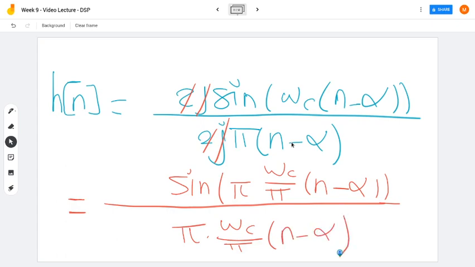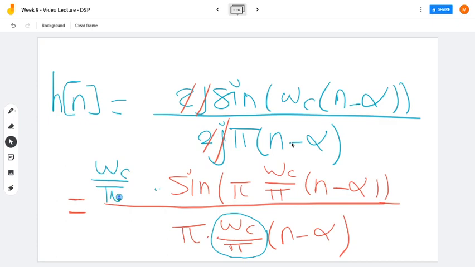In order for this function to take the form of a sinc function, I need to have this kind of term. But right now, the pi is already there, n minus alpha is already there, but this term omega c over pi, I just put it over here. So in order to keep the mathematics correct, I need to multiply here in the numerator by omega c over pi.